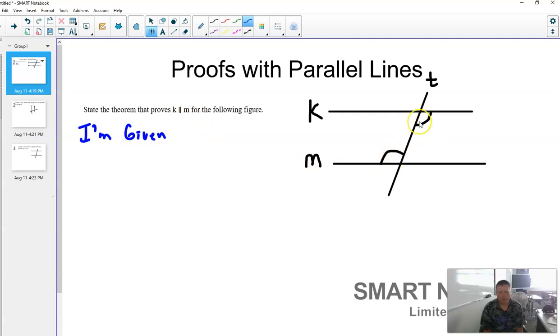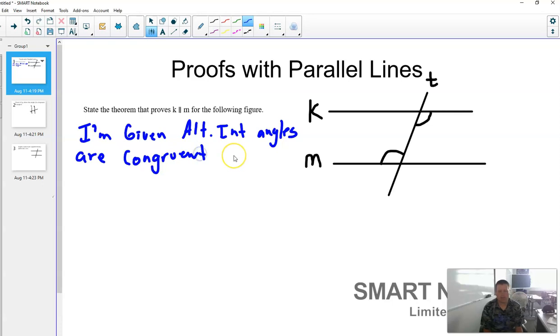These two angles are congruent. Those two angles aren't numbered, so we're not going to number them, but we can name them. These are alternating interior angles. So I'm given that alternating interior angles are congruent. Again, that's what these marks mean, that they're congruent here. And that's what I've been given.